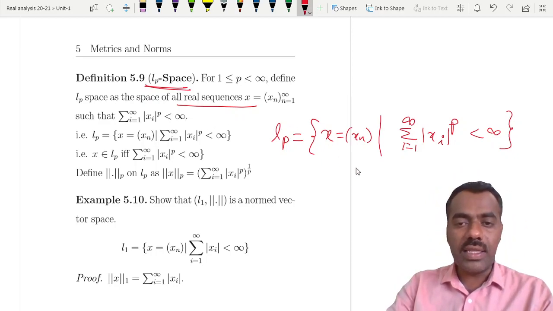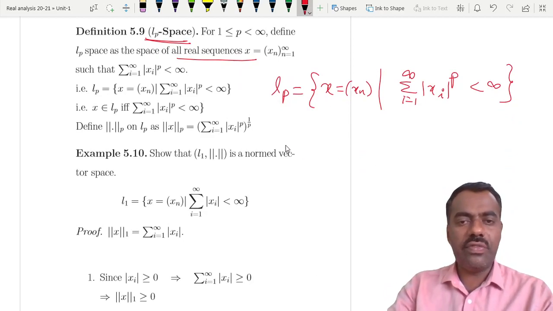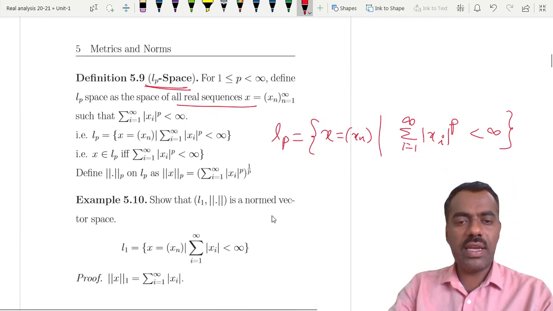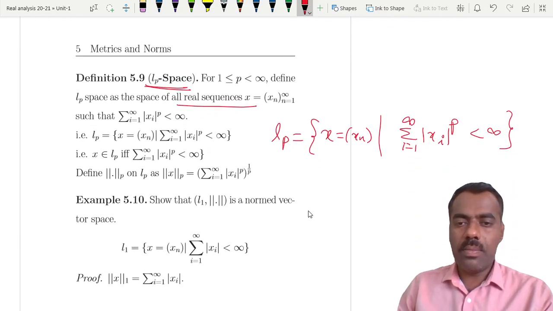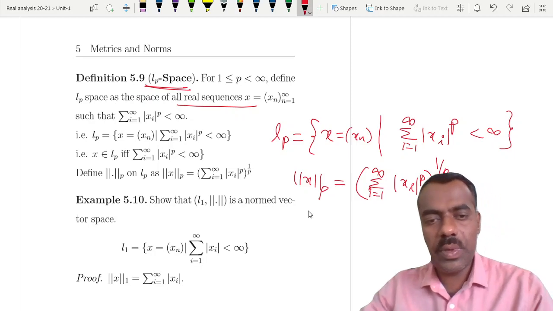And on this LP we can define a norm, just like how we defined the second norm. Norm 2 here, we can define norm p. So for any x in LP, this value is finite, so we define the norm as the value of this, then take the pth root. That is the pth norm.